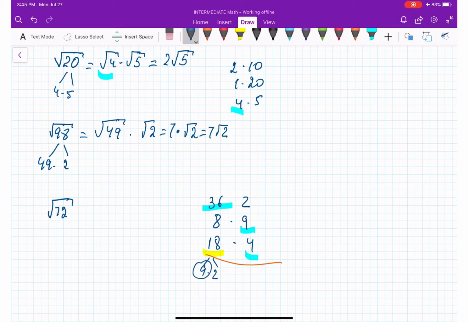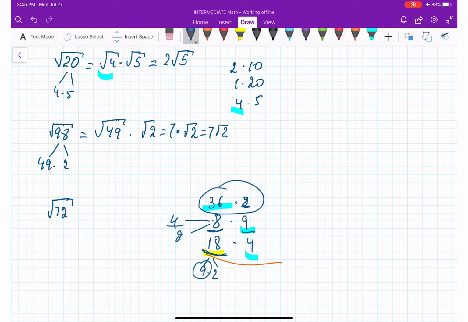If I take 8 and 9, then 8, I can break down as 4 and 2. Square root of 4 will be 2. So therefore, here is 2, because this second term, this 2, is a term that nothing will come out of. So those will be incomplete. Then I have to break down 18 again in this case. In this case, I have to break down 8 again.